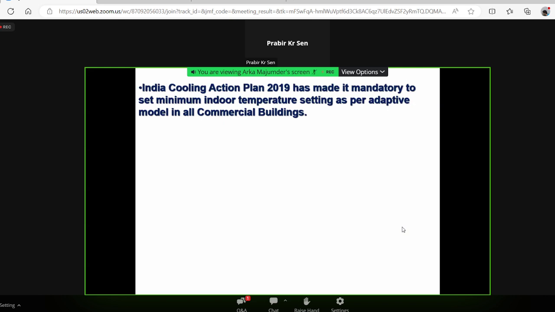And nowadays, if you go and buy an air conditioner from the market, split AC or window AC for your home, the initial temperature setting of your AC is locked at 24 degrees centigrade. And they suggest that you keep it at 24 degrees centigrade. Don't change it to 22 degrees centigrade.